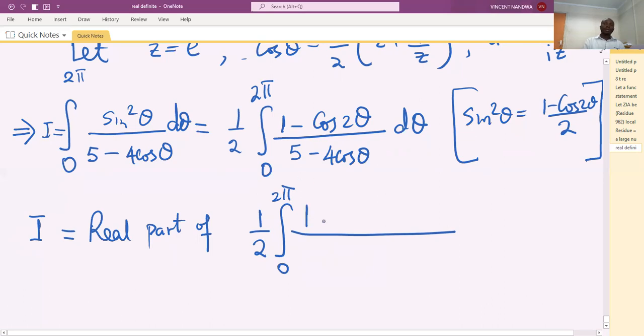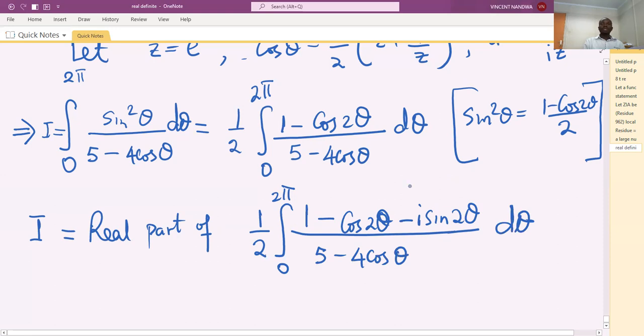So 1 minus cosine of 2 theta minus i sine 2 theta over 5 minus 4 cos theta d theta. So this is a general one, but we are interested in only finding the real part.